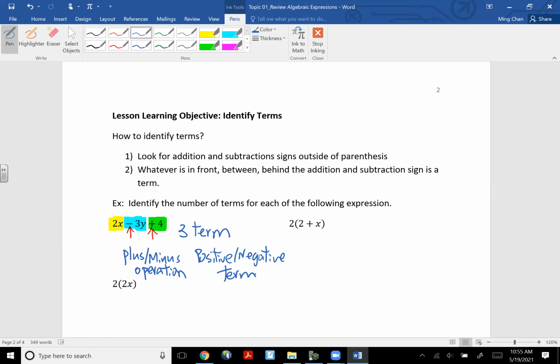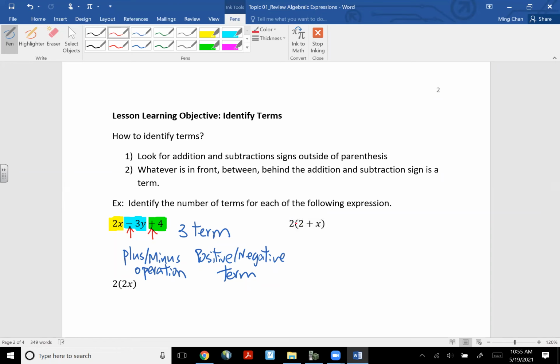When we first read the problem, we will say 2 times parenthesis 2 plus x. Signs that are outside the parenthesis separate terms. Now in this problem, there's no plus sign or minus sign outside the parenthesis.